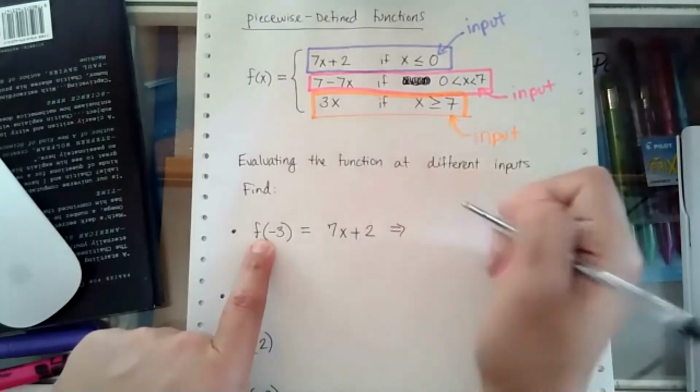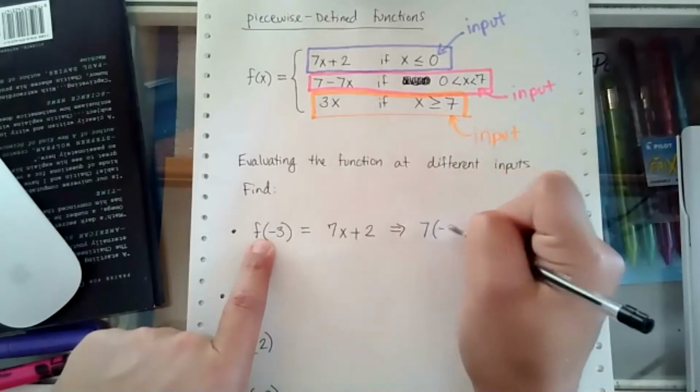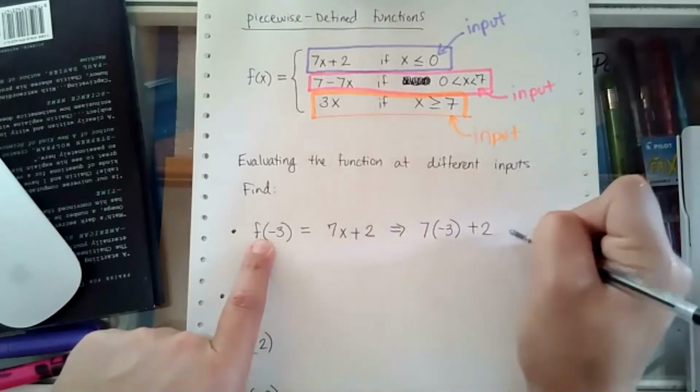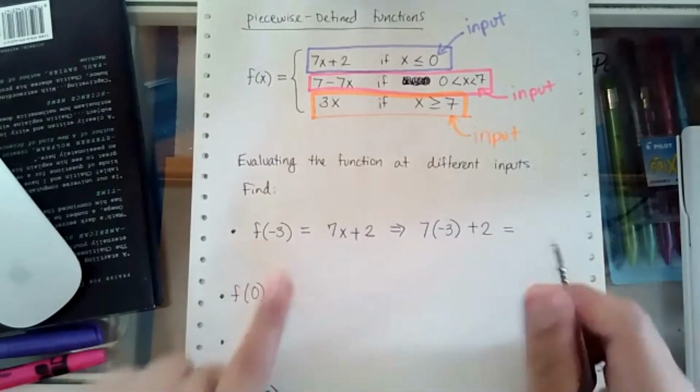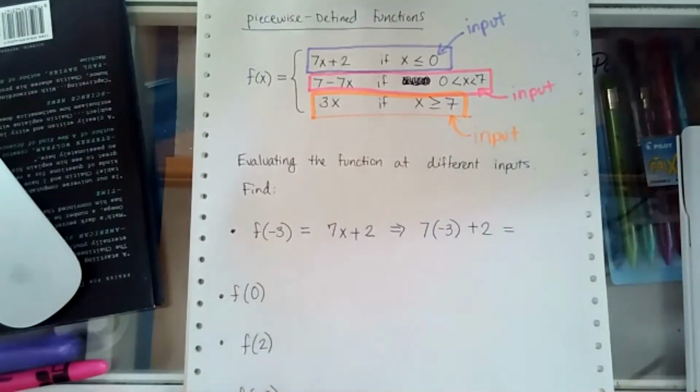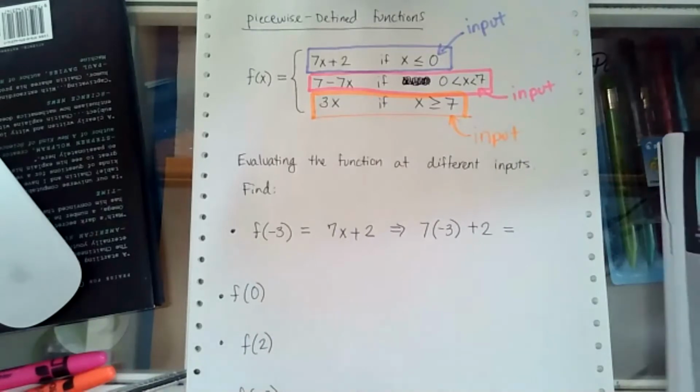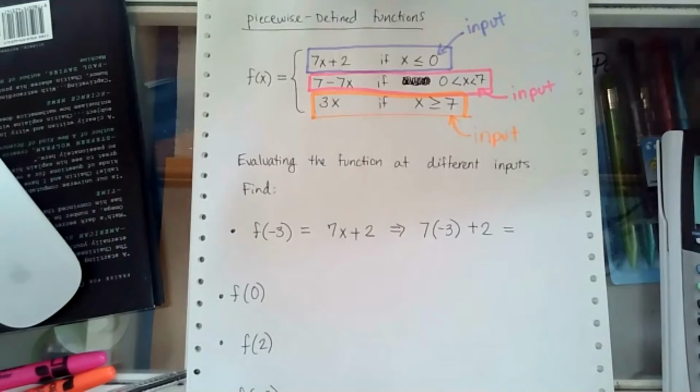Go ahead and plug 7 times -3 plus 2 into your calculator, and then we'll get our final answer. Seven times -3 plus 2. And what do you guys get when you do that?